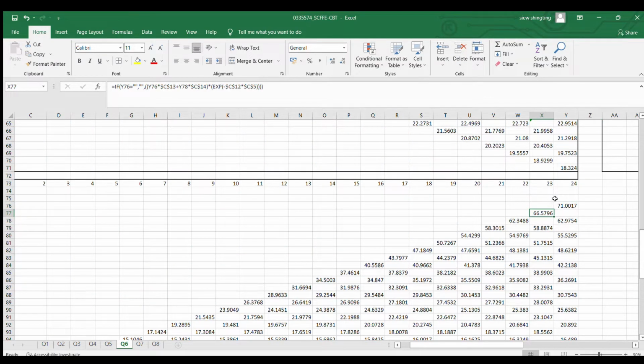For the previous period, we use the same formula, but here we need to multiply by different things.